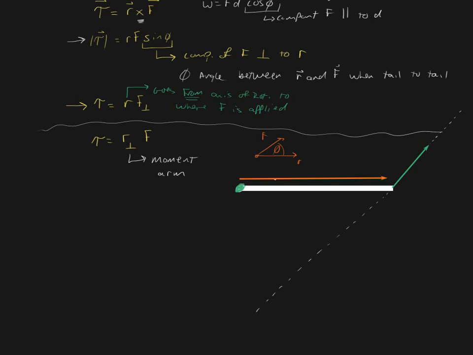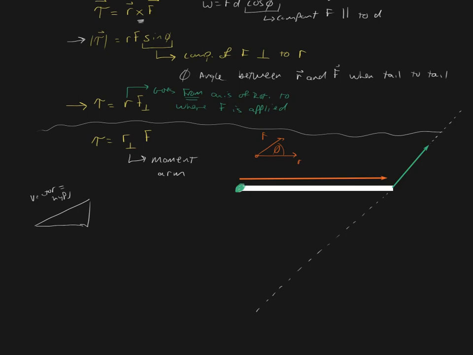Now, this arrow right here is R, and this is our vector. And when you look at right triangle trigonometry, so here's our right triangle, our vector is always the hypotenuse. Okay, so my point is that if this is my hypotenuse, I need to be able to draw the components such that I have one component of this vector which is perpendicular to my line of action and one that is parallel to my line of action.